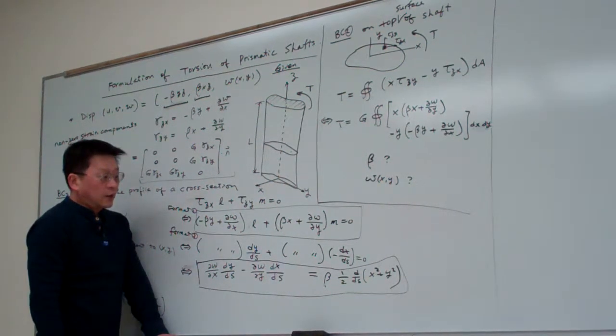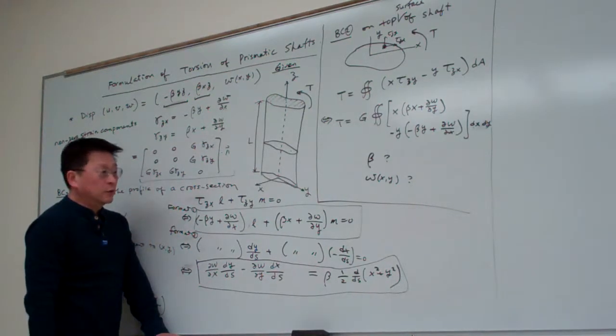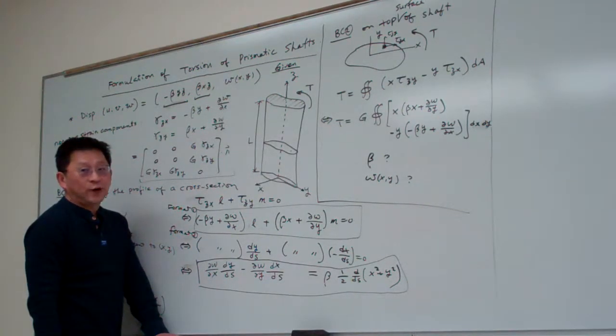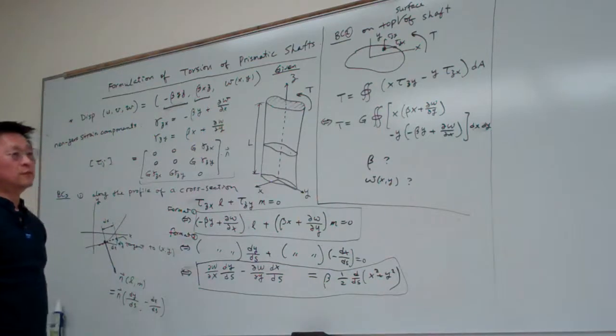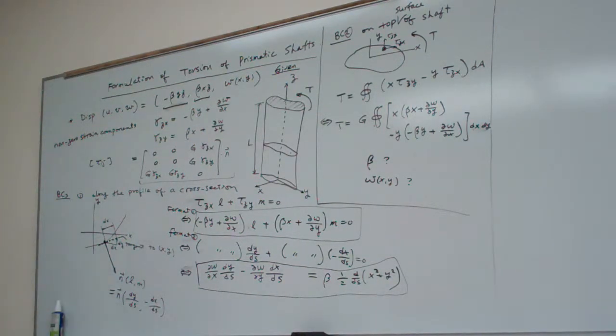In theory we could, but how to solve for this in practice needs a little more explanation. So I'm going to talk about the solution strategy, and we can stop a little bit here.